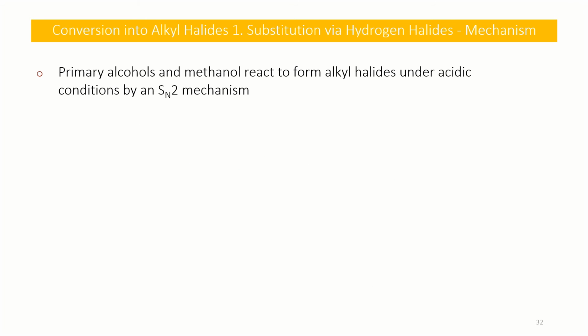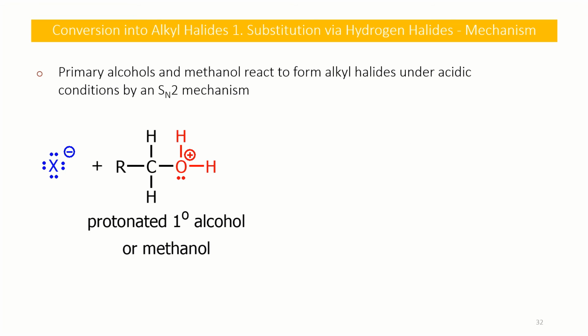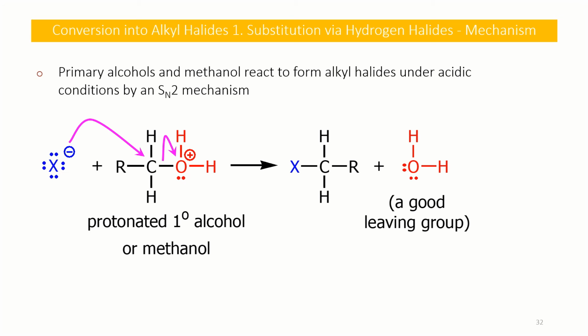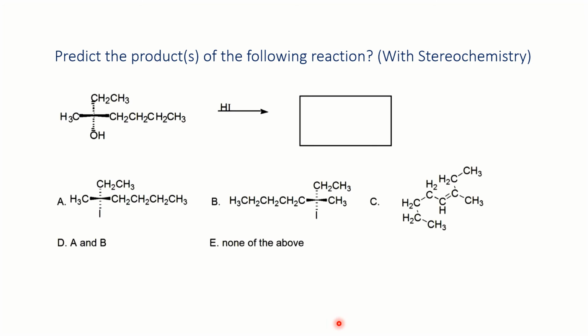Primary alcohols and methanol, of course, react to form alkyl halides under an SN2 mechanism. So it's quite simple. Once we protonate, we can have a backside attack to realize our product. Take a shot at this question.